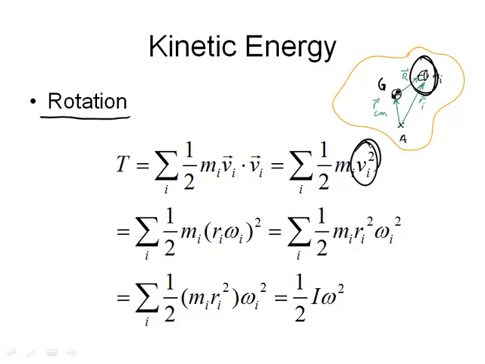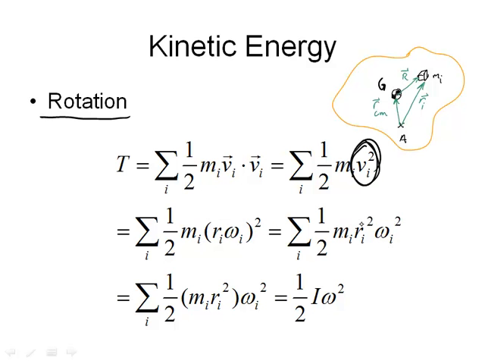But the speed, v sub i, is going to equal the distance, r sub i here, times the angular velocity, the angular speed even, of our rotating object as it rotates around our axis of rotation at A. And so the linear velocity is just r omega. Alright, so if I square that out, I get m times r sub i squared times omega sub i squared.